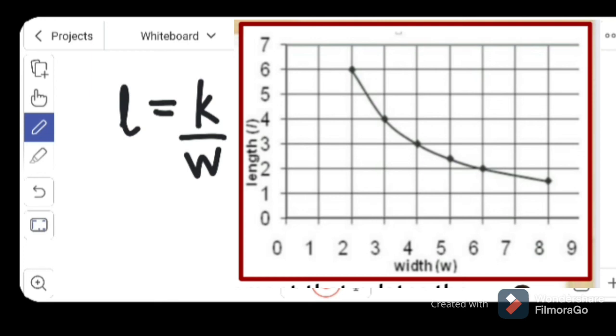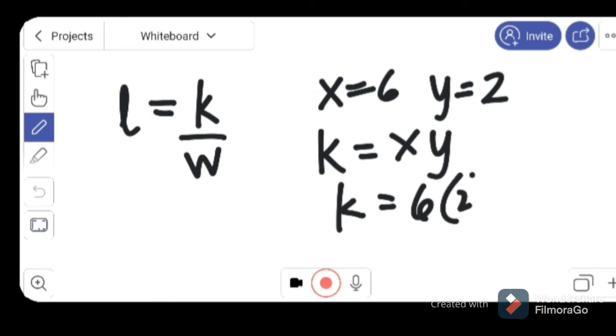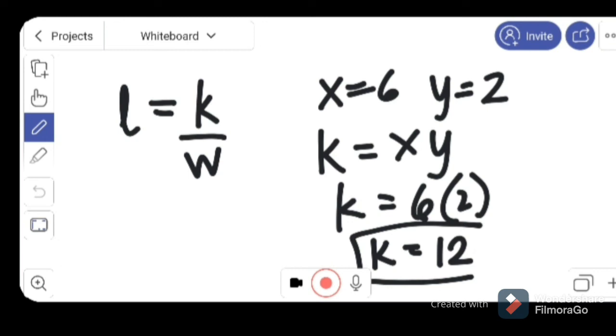If x is 6, y is 2. We solve for the constant of variation, x times y. As we substitute, 6 times 2, k is equal to 12.